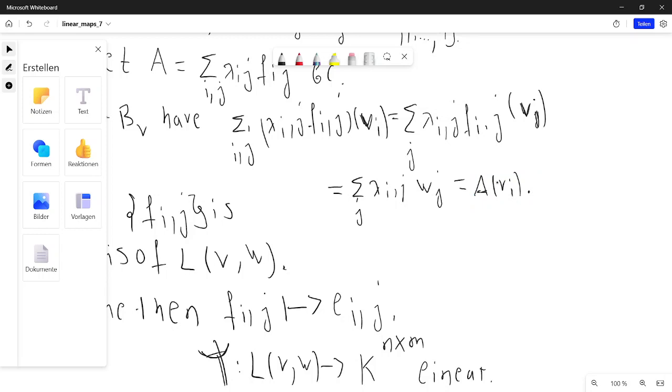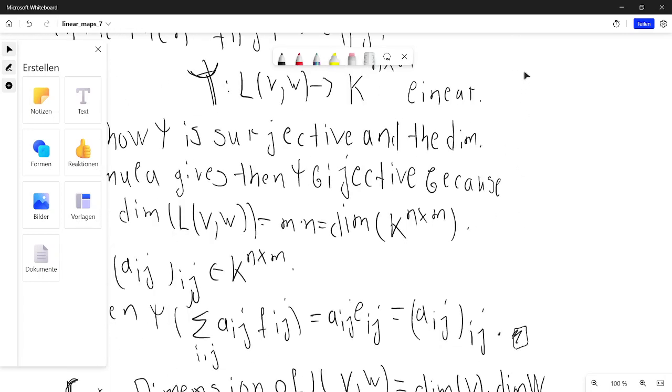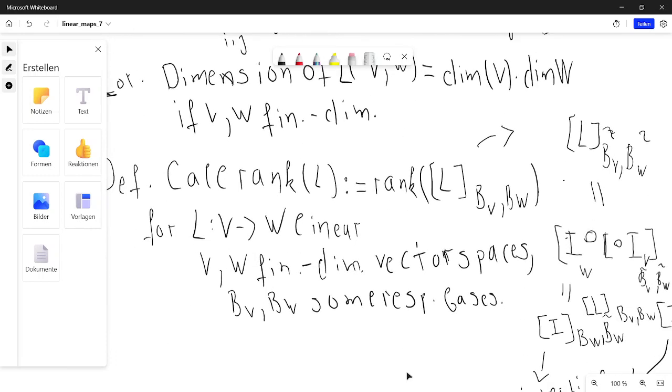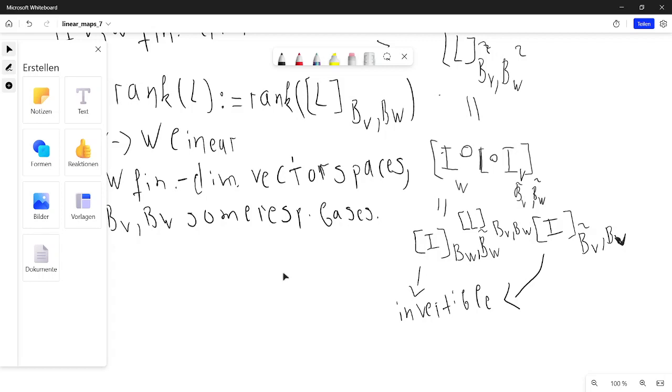Maybe we'll go further into interesting stuff like bases with scalar product, maybe Jordan form, special types of maps, or maybe I'll do more elementary stuff, maybe calculus.